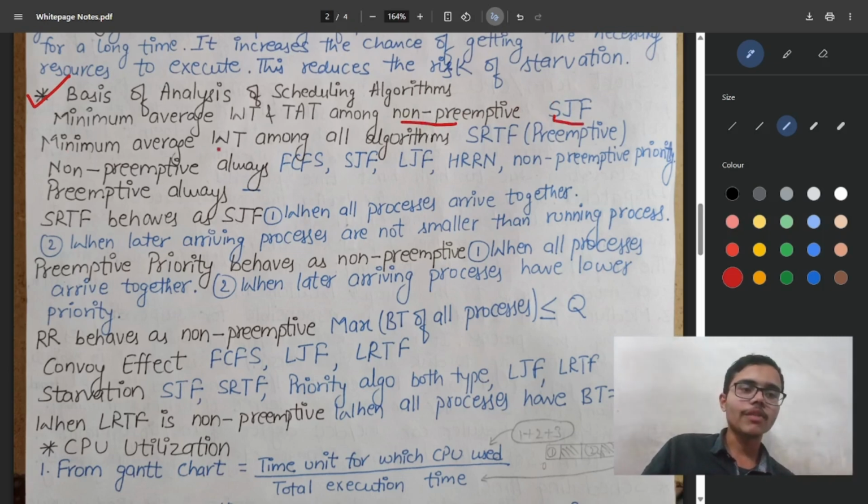If we talk about minimum average waiting time among all algorithms, both preemptive and non-preemptive, then it is SRTF, shortest remaining time first, which is preemptive.